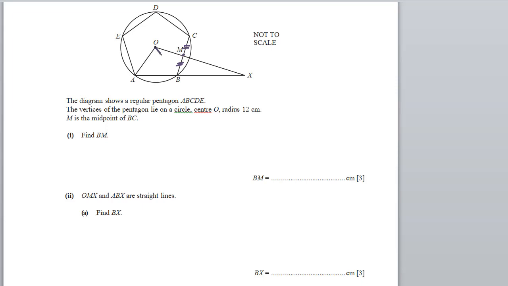Okay, we have this line here and we have this total angle here is equal to 108. So we have also this line here, and this is equal to 12, and this line is equal to 12.